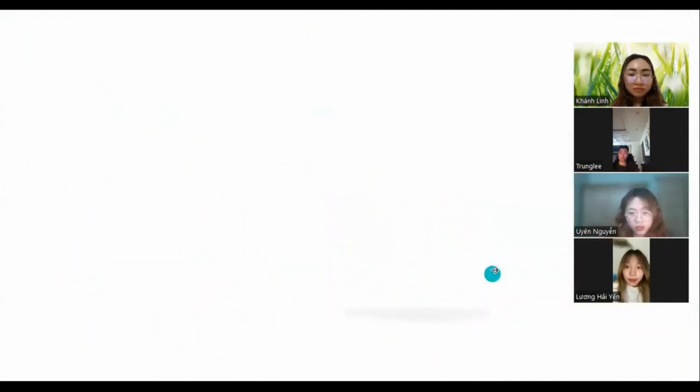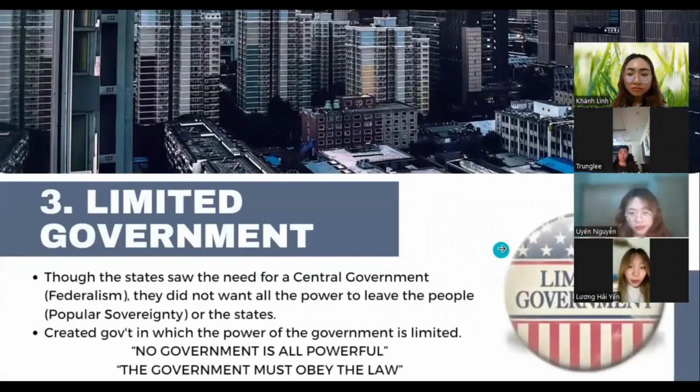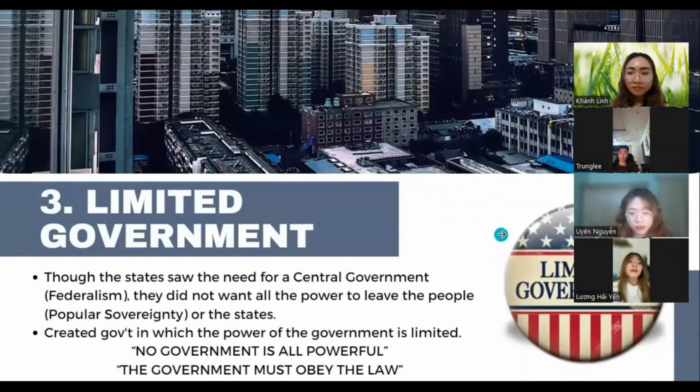And the third principle is limited government. Though the states saw the need for a central government, or federalism, they did not want all the power to leave the people, popular sovereignty, or the states. So they created a government in which the power of the government is limited.